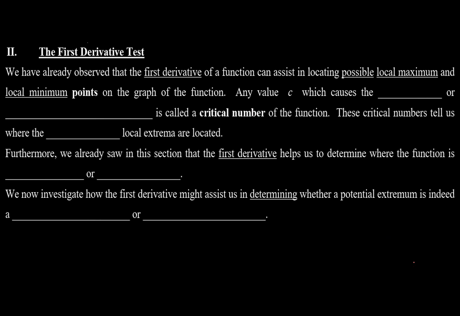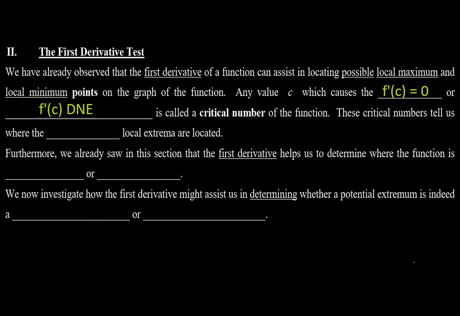So the first derivative test is a test that we use on the first derivative of a function in locating possible local maximum and local minimum points on the graph of the function. Any value c which causes the derivative to equal 0 or does not exist is called a critical number of the function.